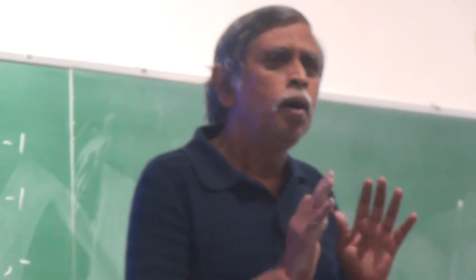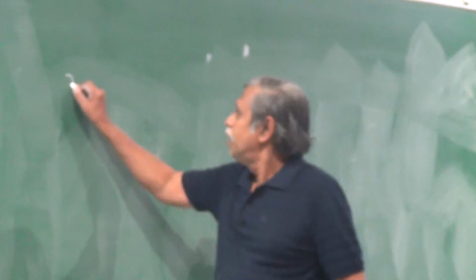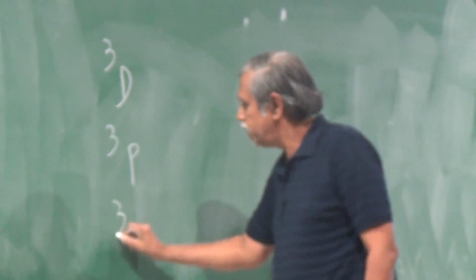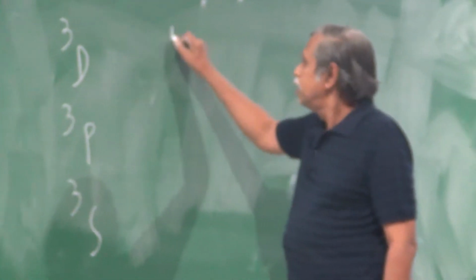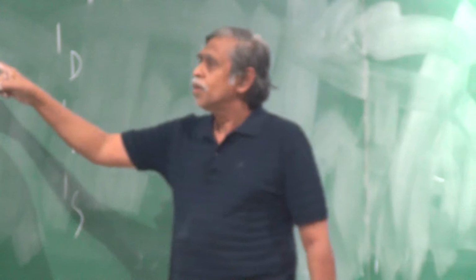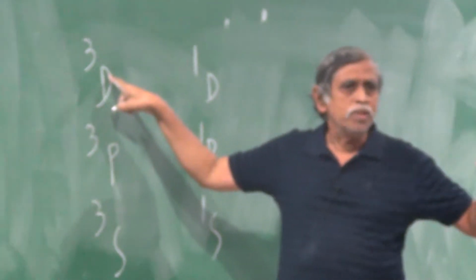Before we do this, let's sort something out. What are the possible states we got for non-equivalent electrons? Triplet D, triplet P, triplet S, singlet D, singlet P, singlet S. What's the degeneracy of this? D is 5 always, right?